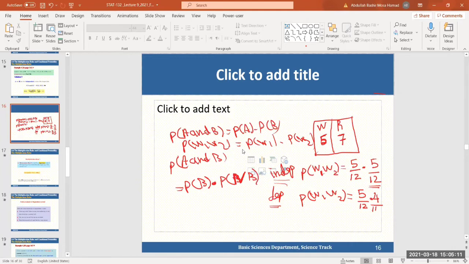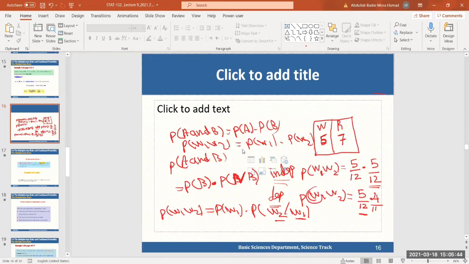This means what? For example, P of W1, W2 equals what? Equals P of W1, this one, multiplied by P of W2 given W1. This means the probability of W2 if we know W1 is white. Because I have to know whether the first ball is white or red.